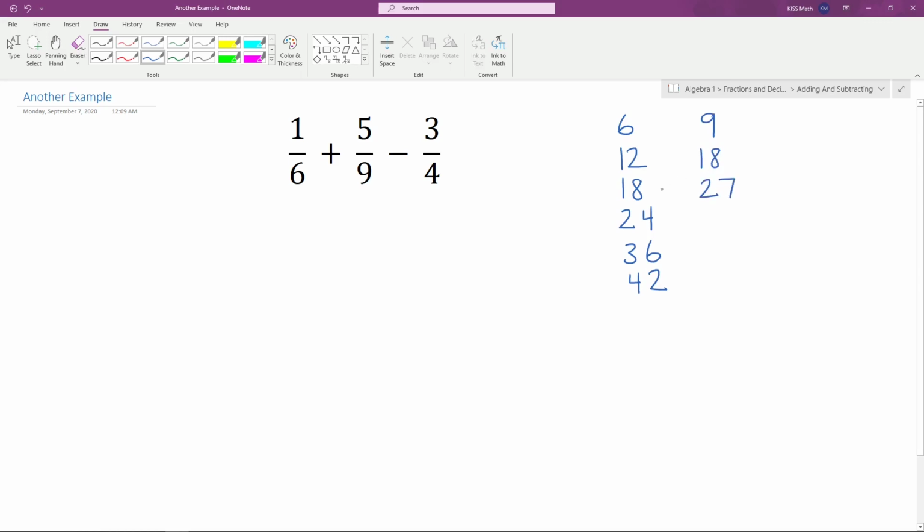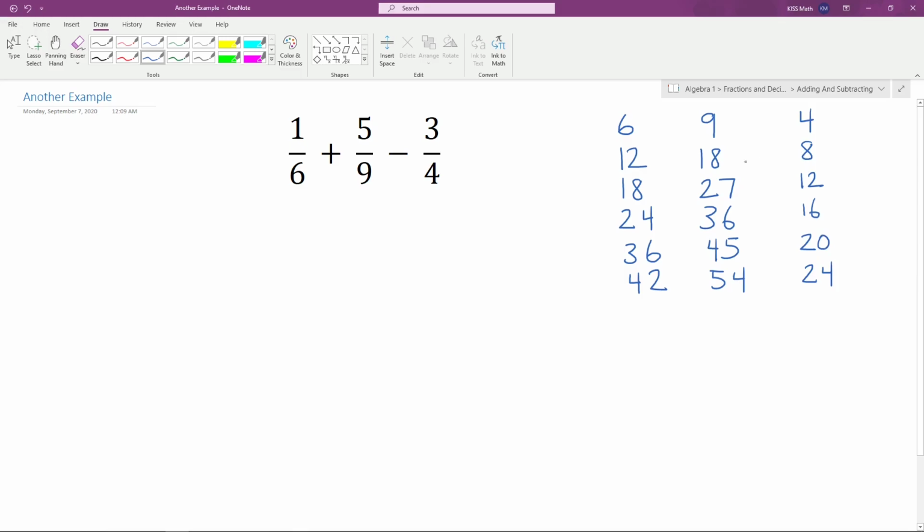I noticed that 18 is common between 6 and 9, but we'll keep going here. 36, 45, 54. And then for 4, we have 4, 8, 12, 16, 20, 24.